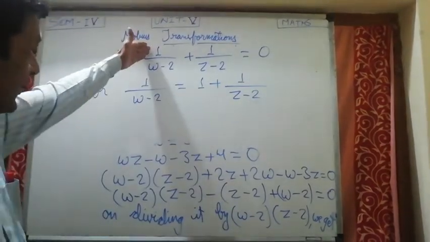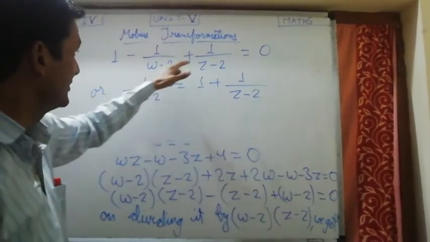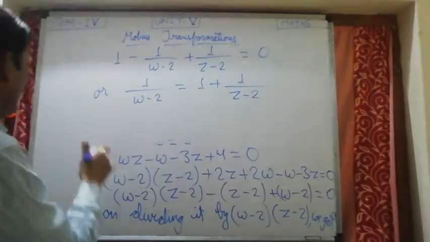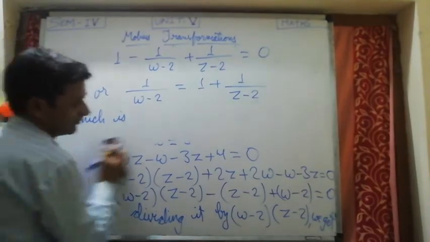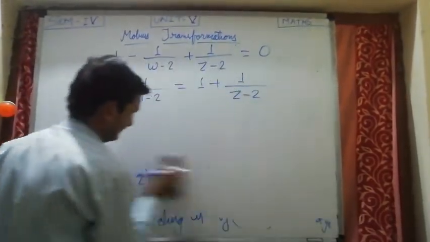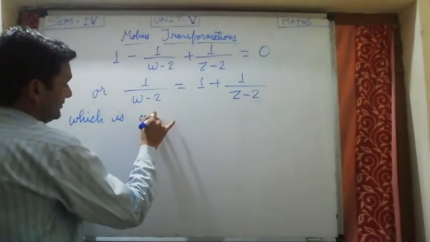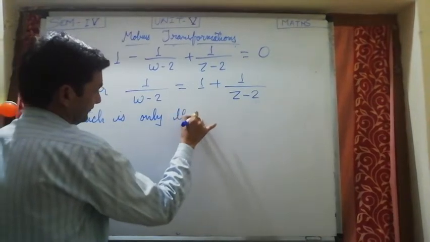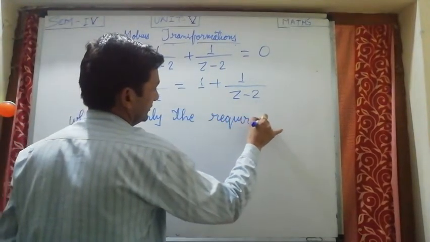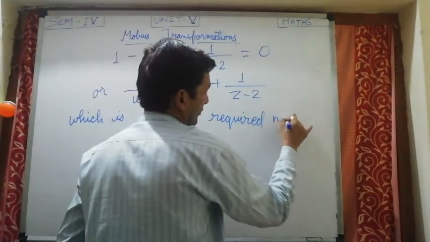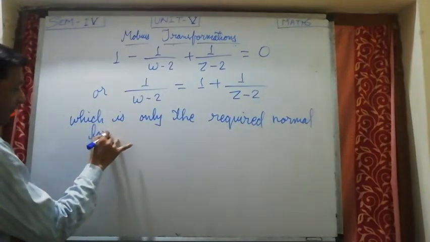If we are shifting this 1/(w - 2) from LHS to RHS, it will become positive. These two parts will be positive only, which is the required normal form.